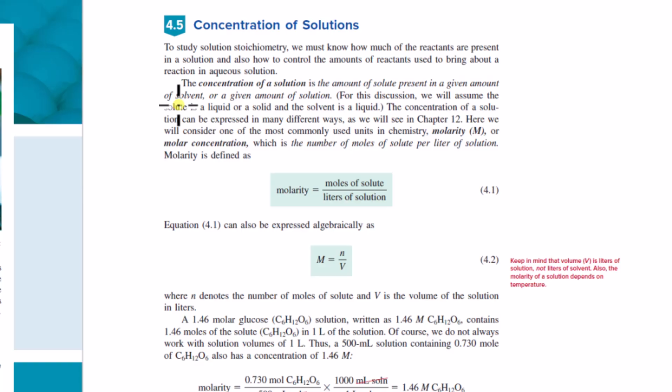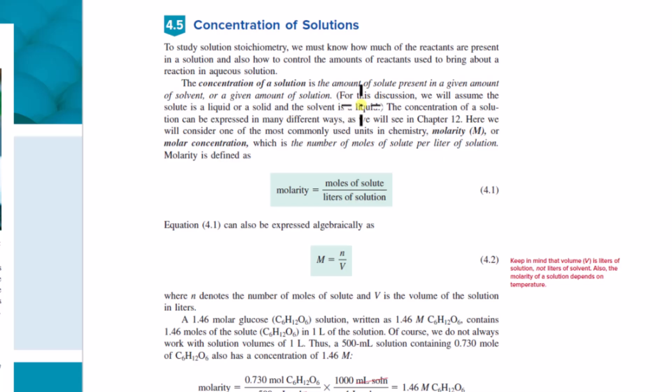If you were trying to be extremely precise, then to some degree the solution will get larger once solute is dissolved. Depending on the type of problem you're working, you might have to consider the actual change in volume once a solute or solutes is added to a solvent. But in general, for many problems, this difference in volume is negligible.